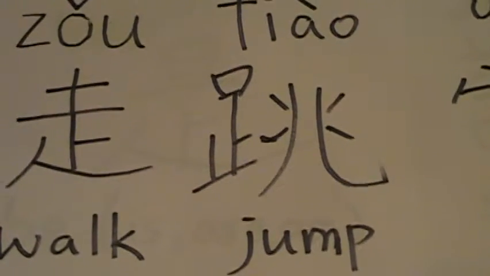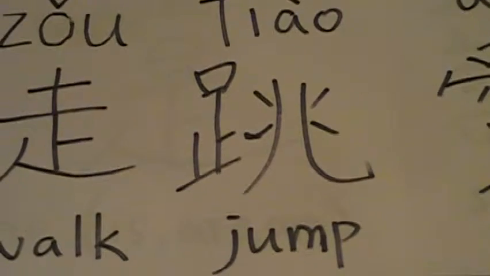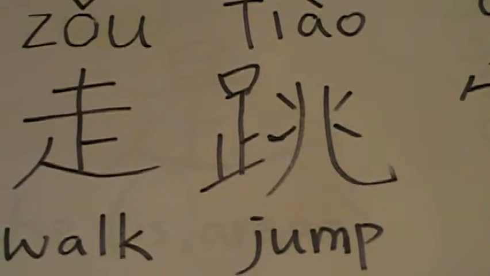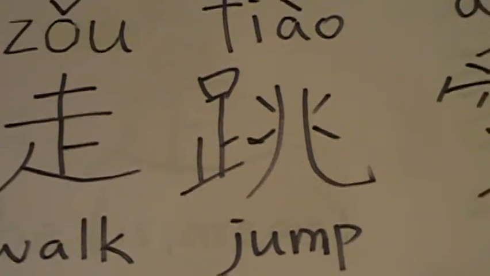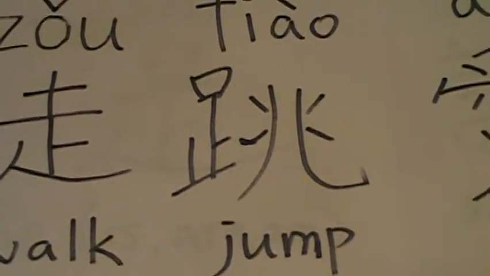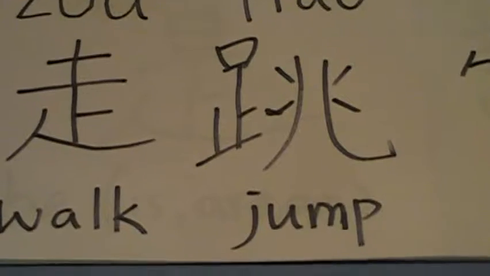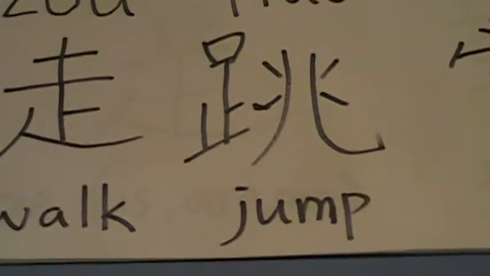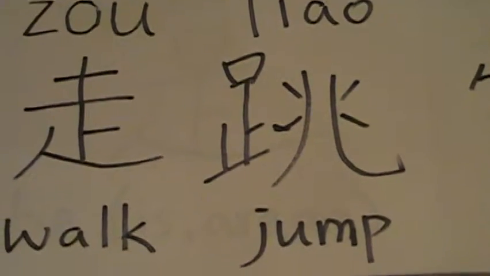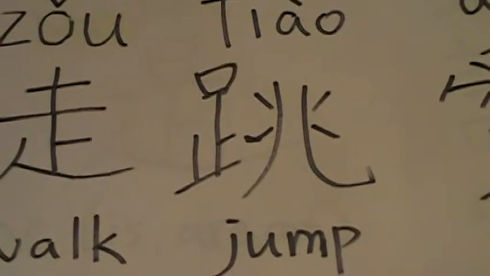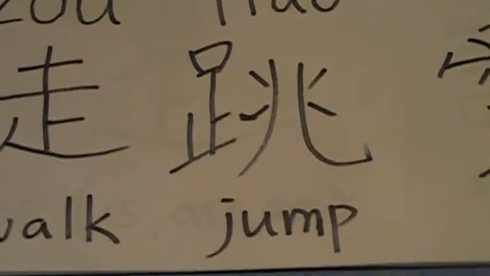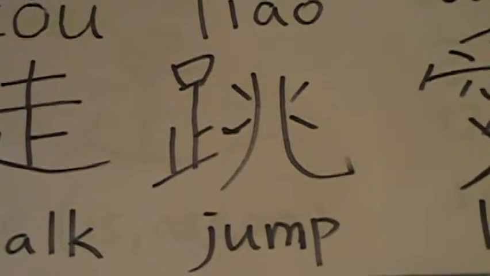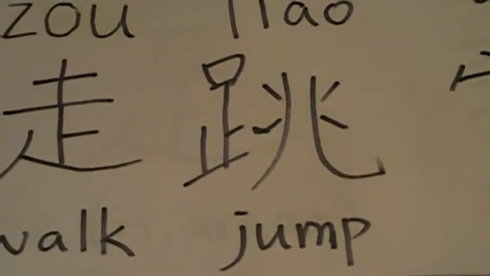Other verbs, nouns or adjectives you will see in the future with this character, foot, will be used to denote something to do with foot, as in jumping requires the foot. So other characters with this character will be related to actions with the foot.